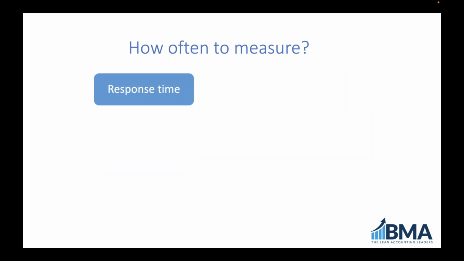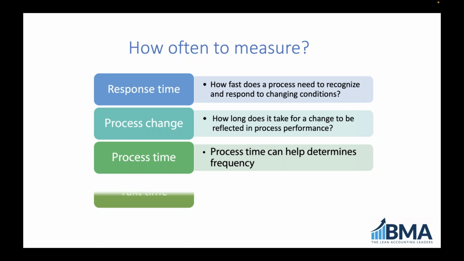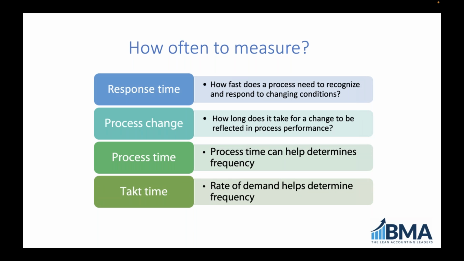How often should you measure? These are guidelines on the factors that influence the measurements. How fast does a process need to recognize and respond to changing conditions? Sometimes it's hourly, sometimes it's daily, could be weekly.